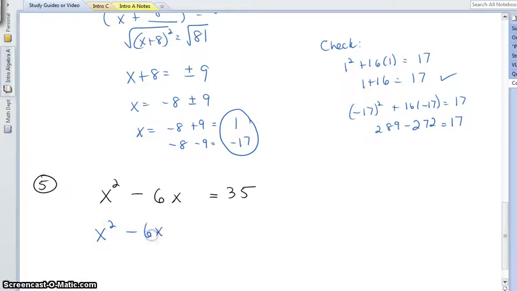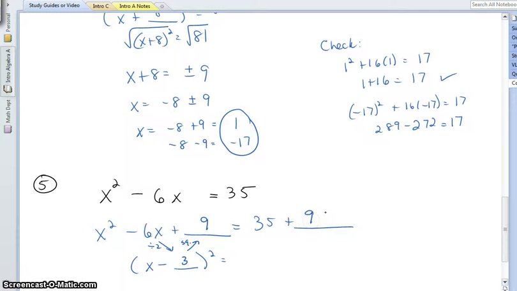Last one. What do I have to add here to both sides? So divide by 2, square it. Negative 6 divided by 2 is negative 3. Negative 3 squared is 9.